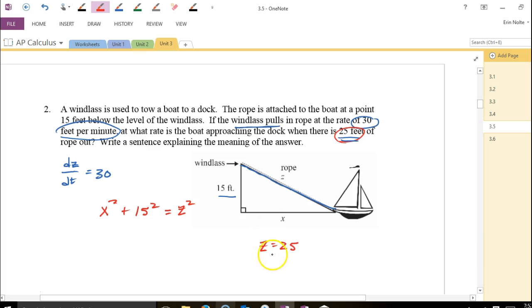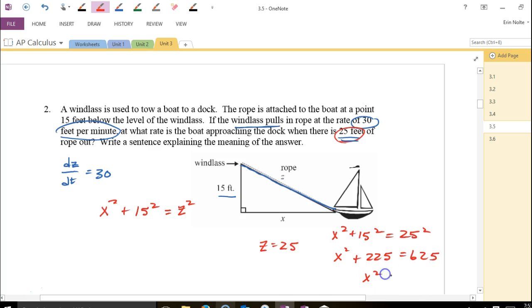Okay, we can also use this information and solve for the x value. Since I have x squared plus 15 squared is equal to 25 squared, we can solve that. 15 squared, hold on, I'm going to screw that up. 15 squared is 225, and 25 squared is 625.